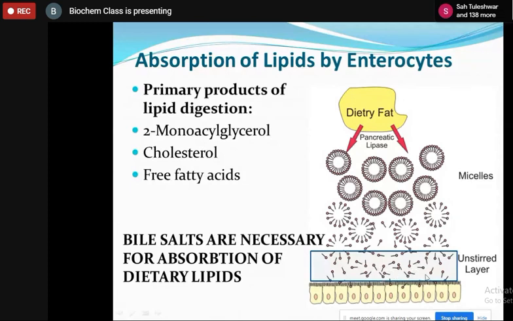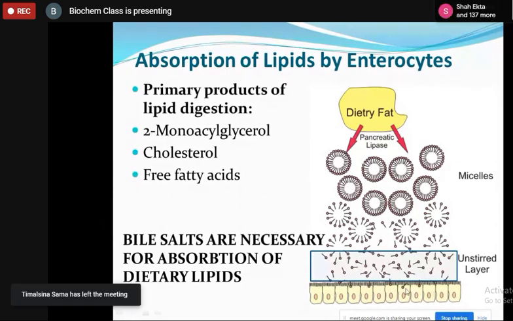This water layer represents the main barrier that the less soluble lipids must cross to be absorbed. These are the primary products of lipid digestion: monoacylglycerol, cholesterol, free fatty acids. These need to cross the water layer before getting absorbed by the enterocytes.